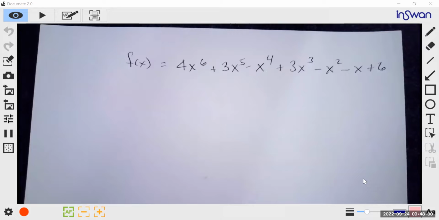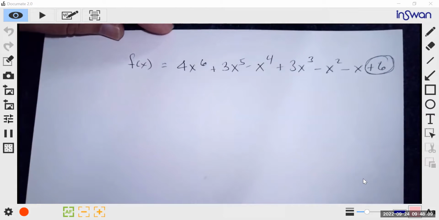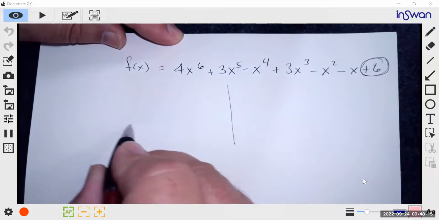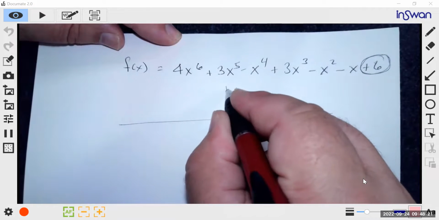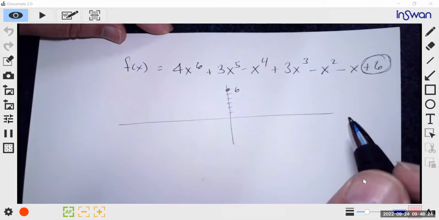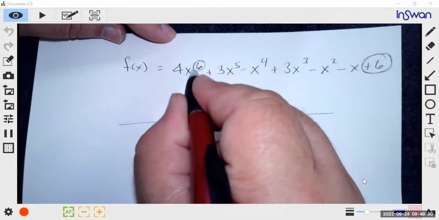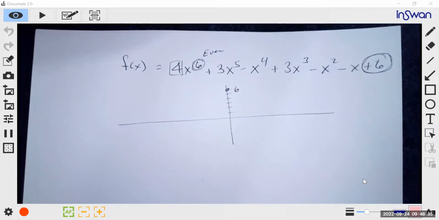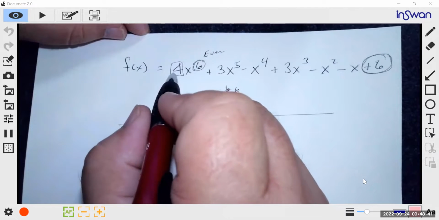The only thing we know for sure is what? The y-intercept, the 6. That's the only thing we know for sure. There's another thing we do know for sure. The degree is even. The leading term, this is the leading coefficient. It doesn't matter if that's odd or even. It just matters that it's positive.